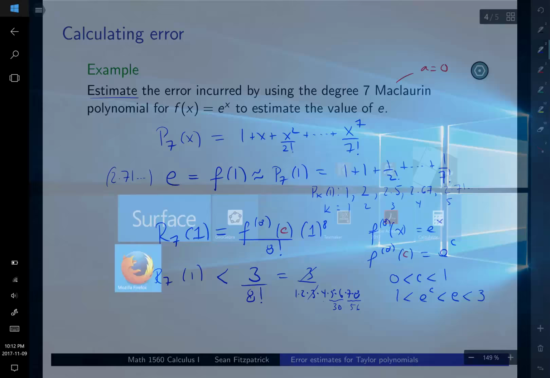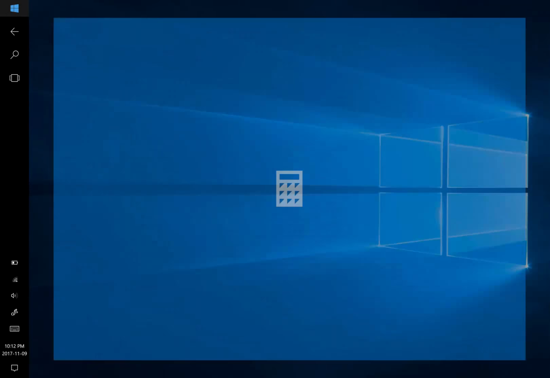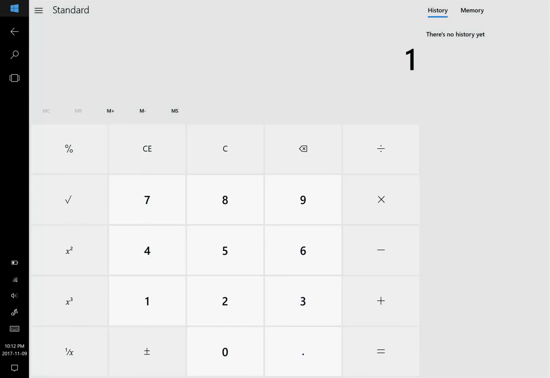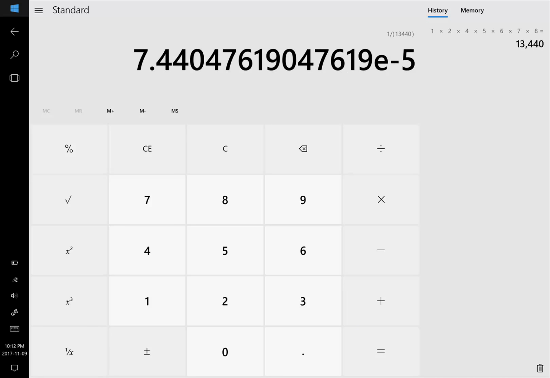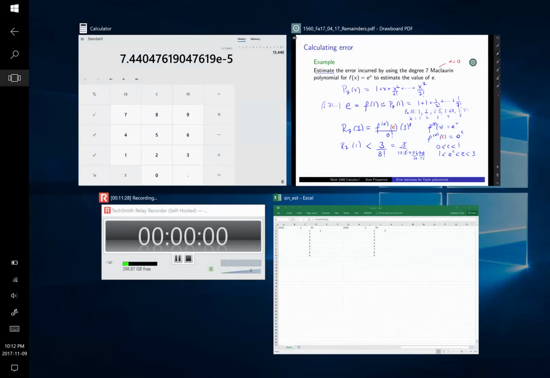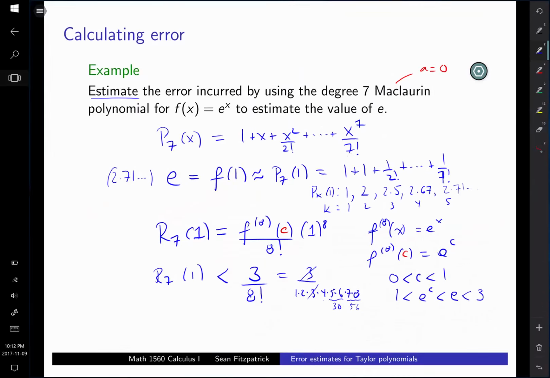Well, let's pull out the calculator and see what we get. 1 times 2 times, we skip the 3, 4 times 5 times 6 times 7 times 8. Okay, 13,440. And if we do 1 over that, we get 7.4 e to the minus 5 in scientific notation, 5 decimal places.